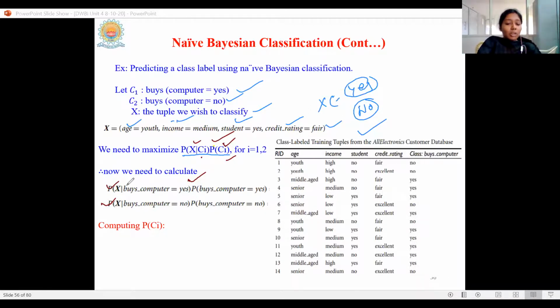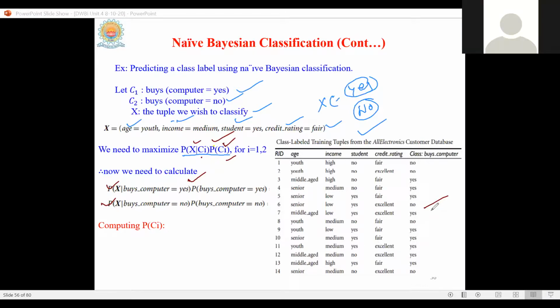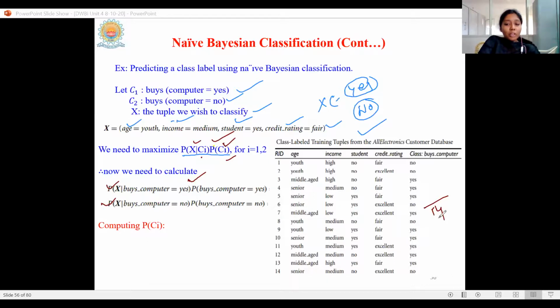Out of all the tuples, how many tuples are there in the data set? Total 14. So out of 14, how many belong to the yes class? 9.